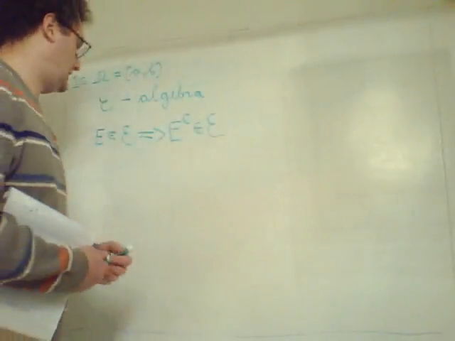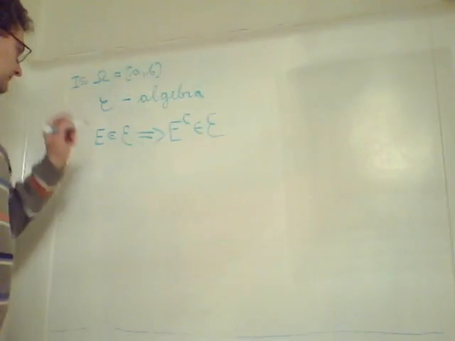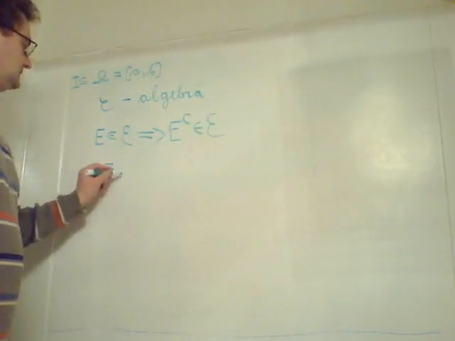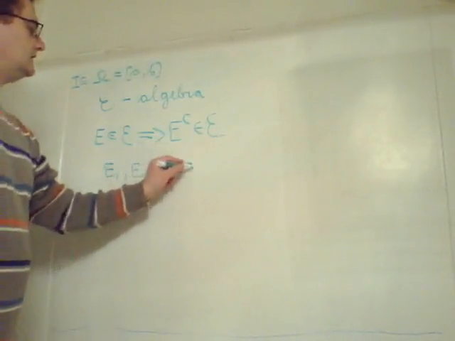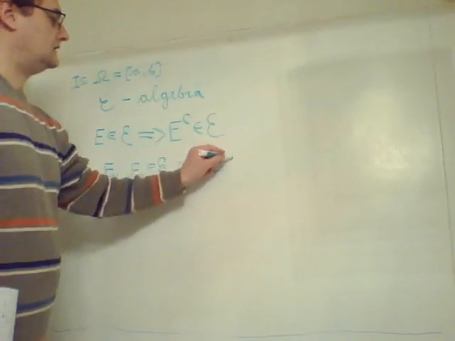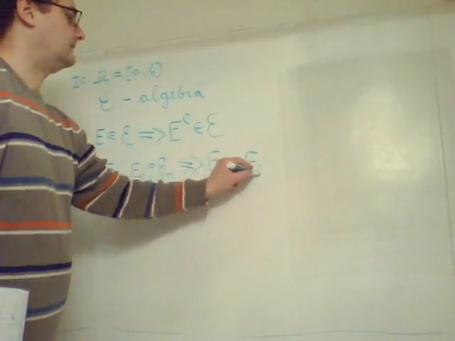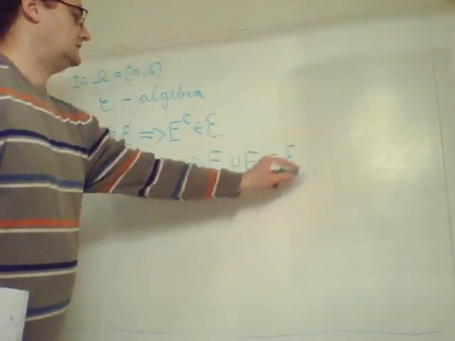And the other thing is that if you have two elementary sets, say E1 and E2, then their union is also an elementary set.